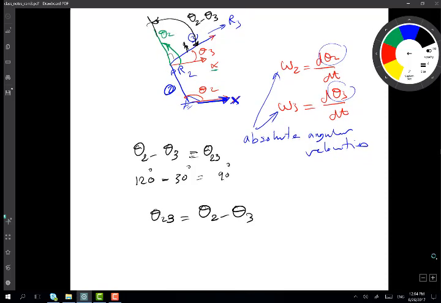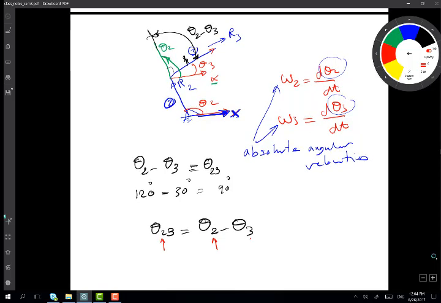Normally, whatever is written first comes first, and the second is second. The way I read it, theta 2 with respect to theta 3 is the angular position of link 2 with respect to an observer standing on link 3.